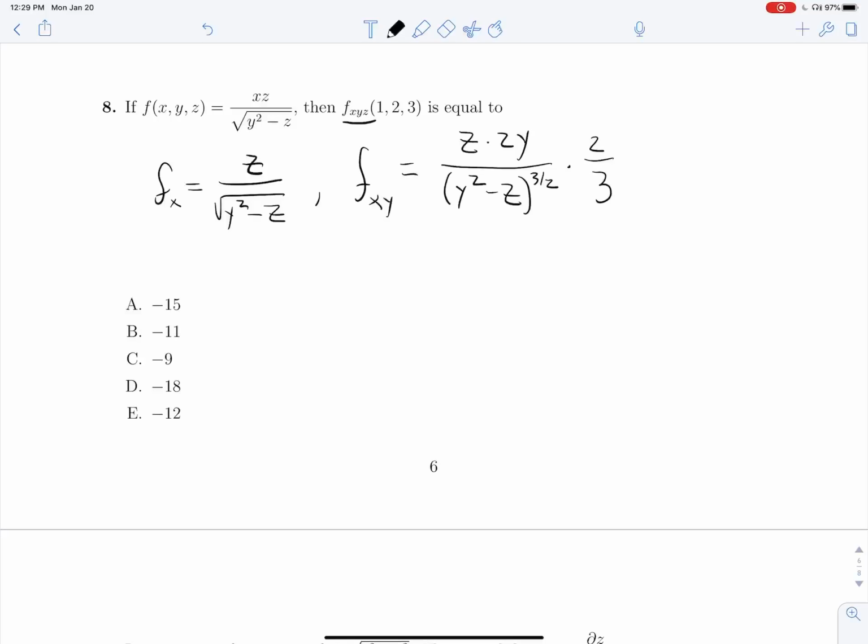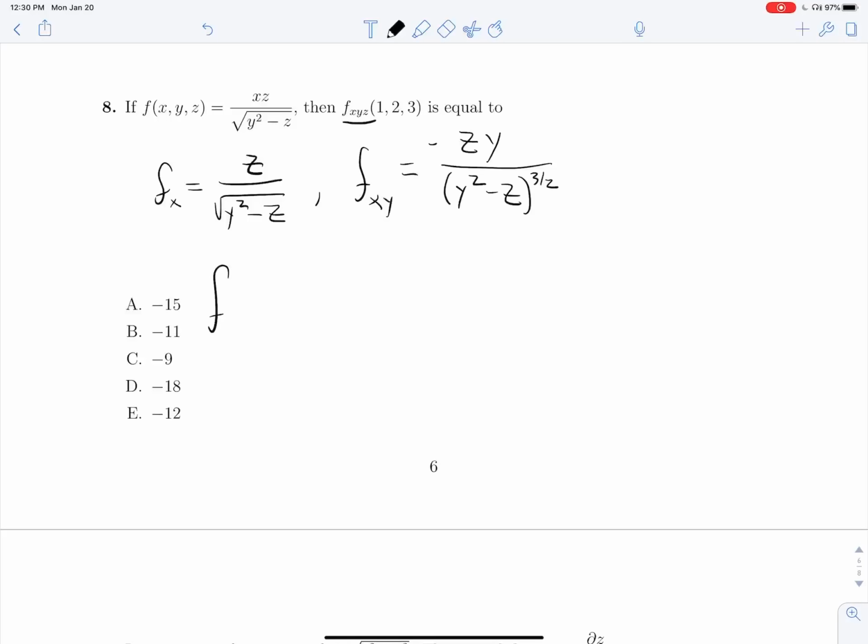No, sorry, not times negative 2/3, times negative 1 over 2. So we're just going to be left with that. I'm mostly sure that's correct. Oh God, I hope I don't get this wrong.